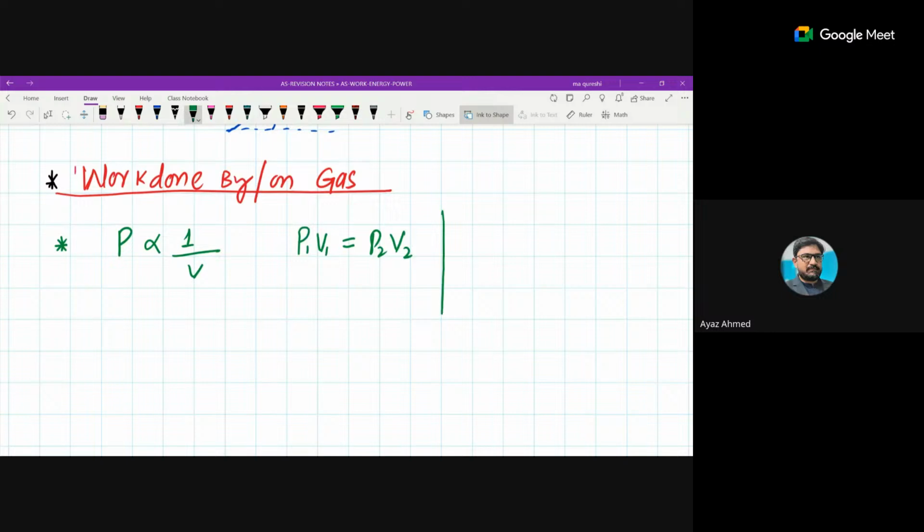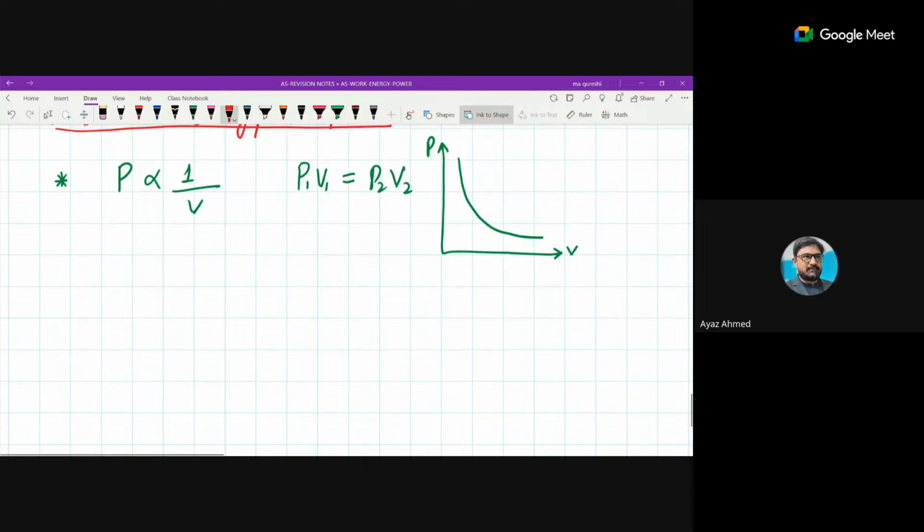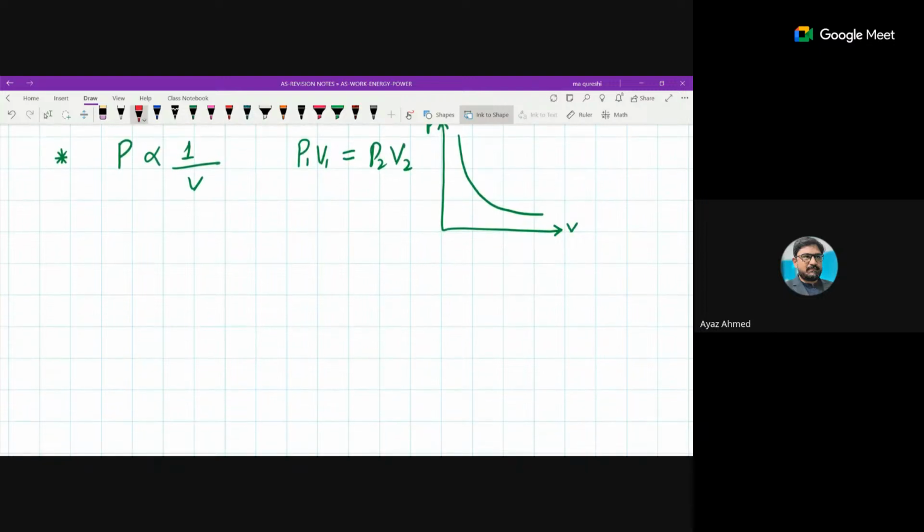And you also knew that if this is pressure and this is volume, then you will have this graph, right? Do you believe all this? And you have that previous knowledge. So let's say we have a gas enclosed in a container.